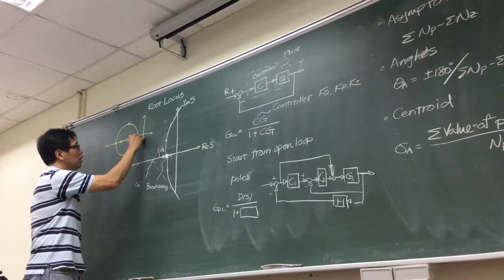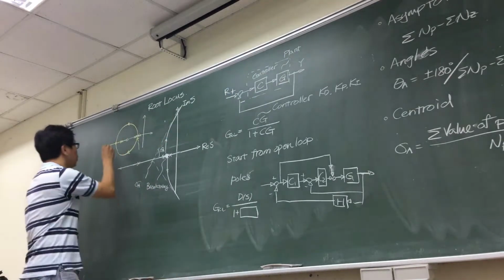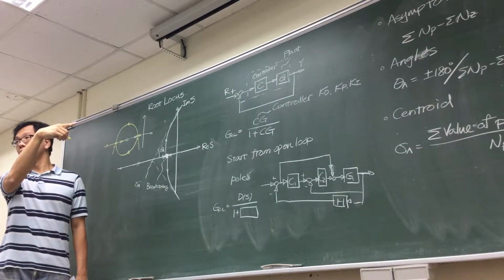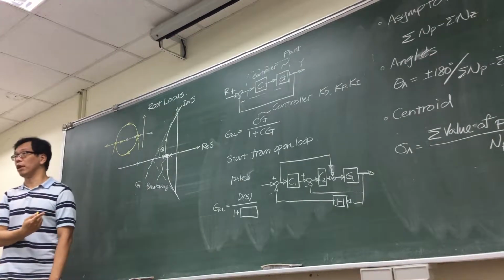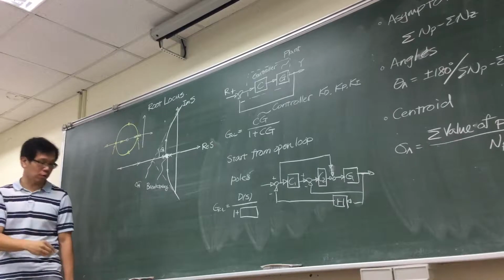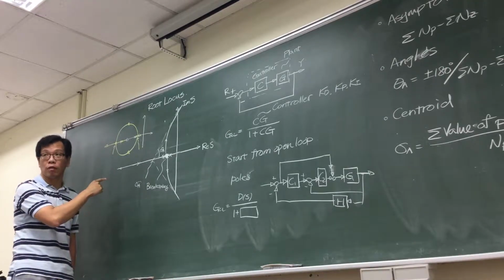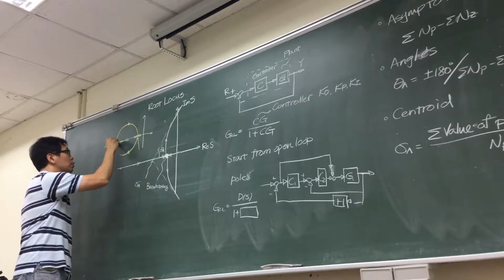This point over here is breakaway. This point over here is break in. One goes in, the other one goes out. Should be pretty straightforward, right? The definition over here should be pretty straightforward. Now, we need a formula to work out what's going on over here. How are we going to find the number of this point and this point?